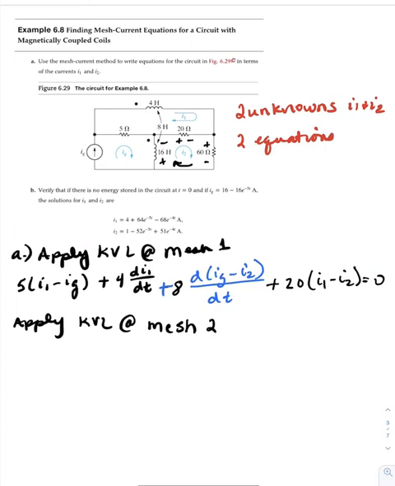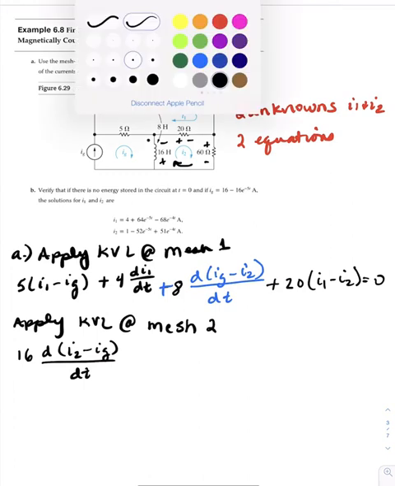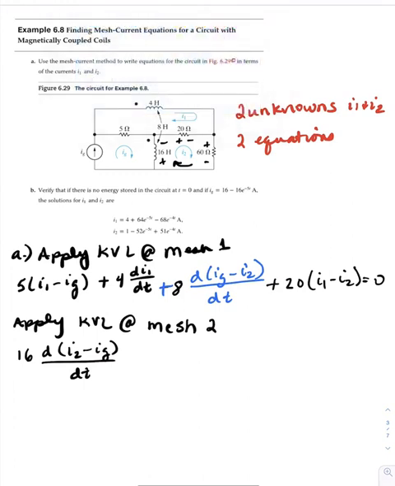So that would be the self-inductance, 16 Henry, derivative of I sub 2 minus I sub g over dt. Let's take a look. So this one, we only have I sub 1 going through this inductor.